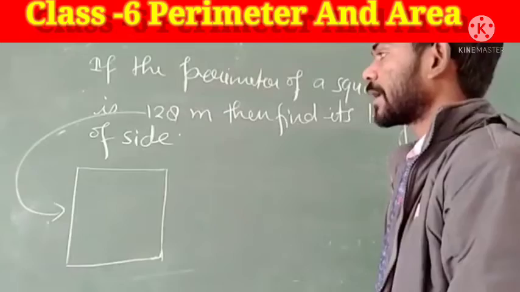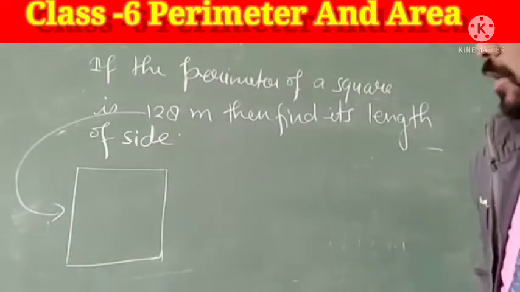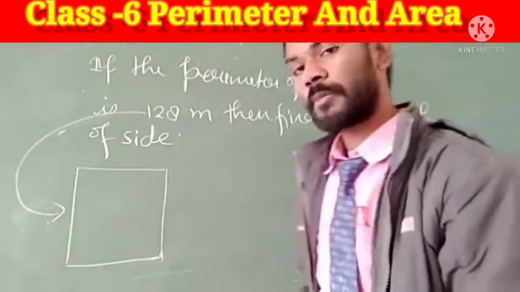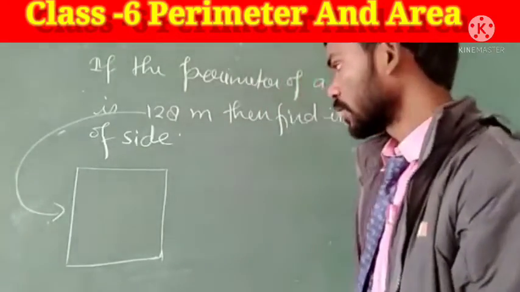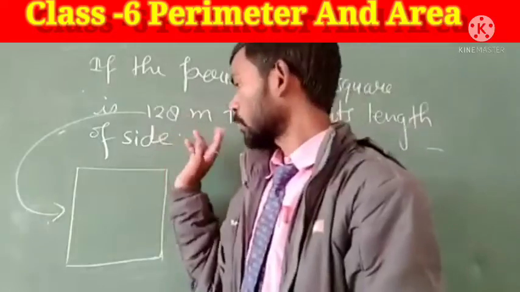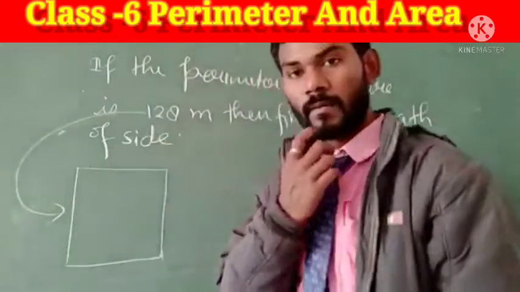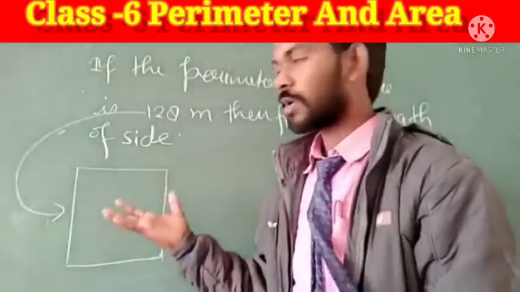If we see the definition, we shall find the perimeter is the total length of the boundary. So here 128 is the value of its total boundary.